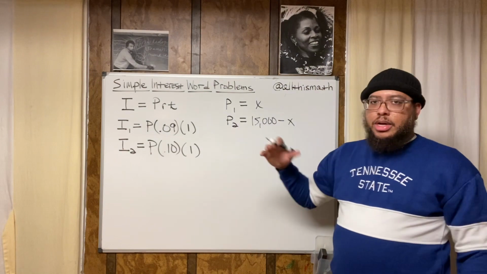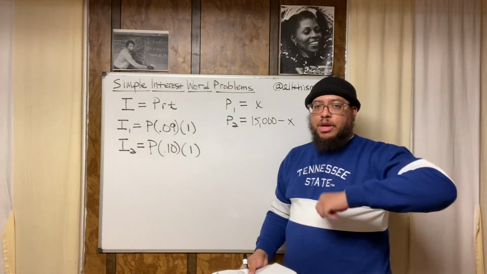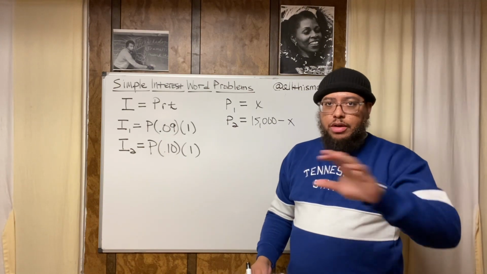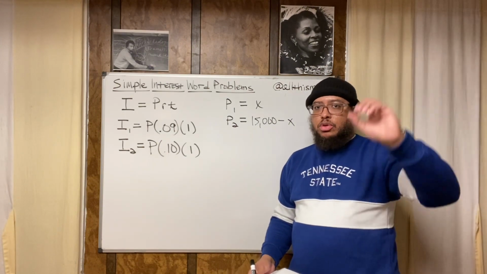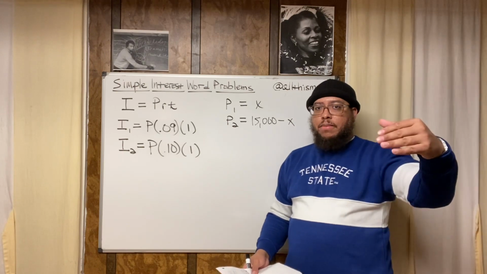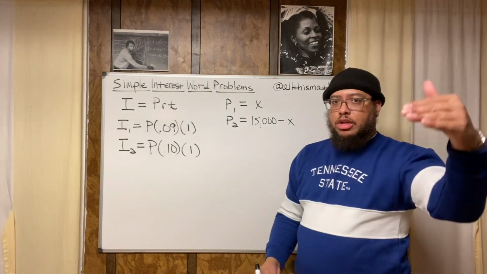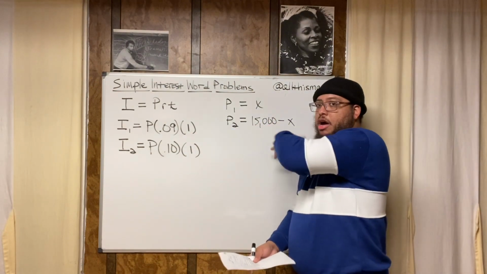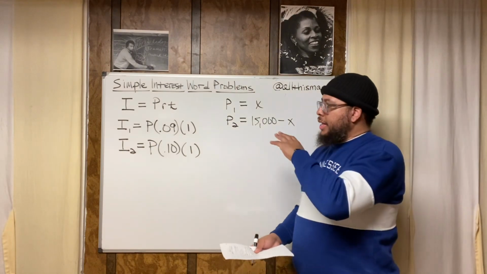Whenever you have a total amount of something and you pick a variable to represent one of those parts, and you don't know the individual amounts but you know the total, you make X one of them, like I did here, and you do the total amount minus X to represent the other one. That's something for you to memorize whenever you see a word problem set up like this.